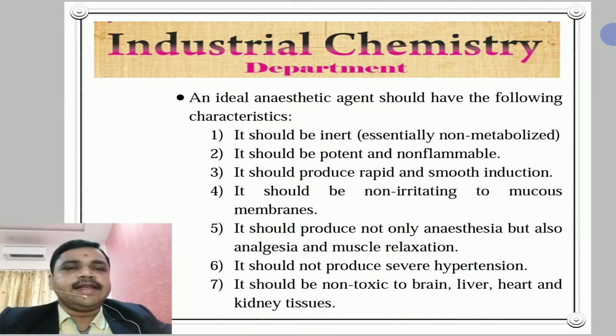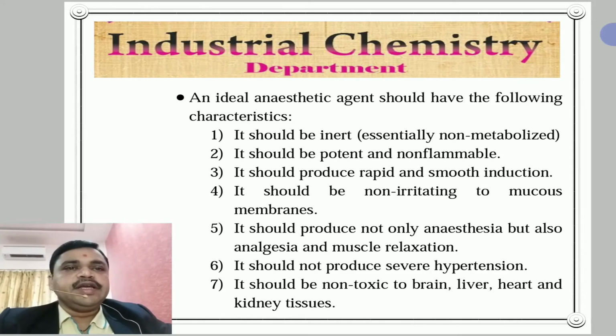An ideal anesthetic agent should have the following characteristics. Some of the points are listed here. Number 1, it should be inert, essentially non-metabolized. Number 2, it should be potent and non-flammable.